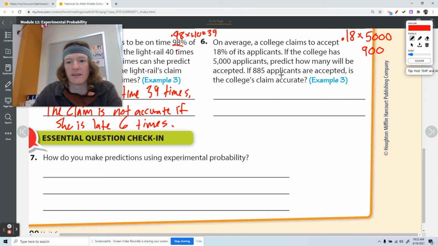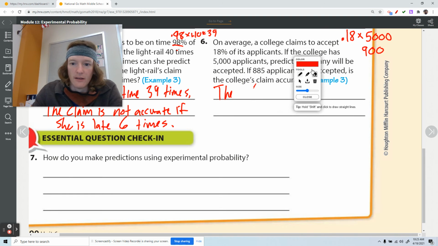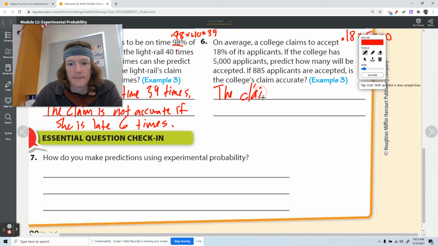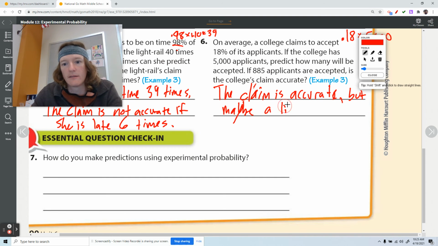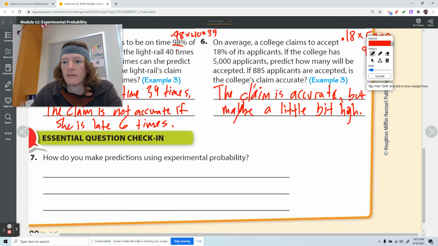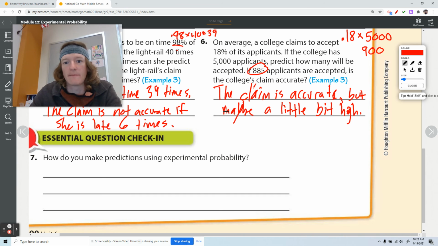Well, I think that 885 is pretty close to 900. All right, the claim is accurate, but maybe a little bit high, because they ended up going a little less than that, but it's pretty close.